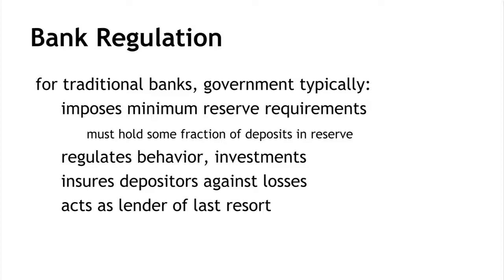In the US, this is typically 3 to 10% of demand deposits a bank is required to have in liquid form so that it can deal with the surge of withdrawals if that happens. Second, the regulators often regulate the types of investments and money management methods that banks can use to make sure that the bank's assets are invested in places that are relatively low risk, because those are really the assets of the depositors in some sense.